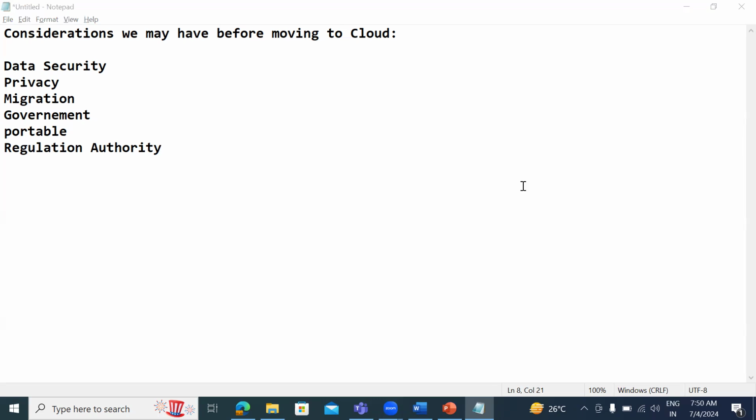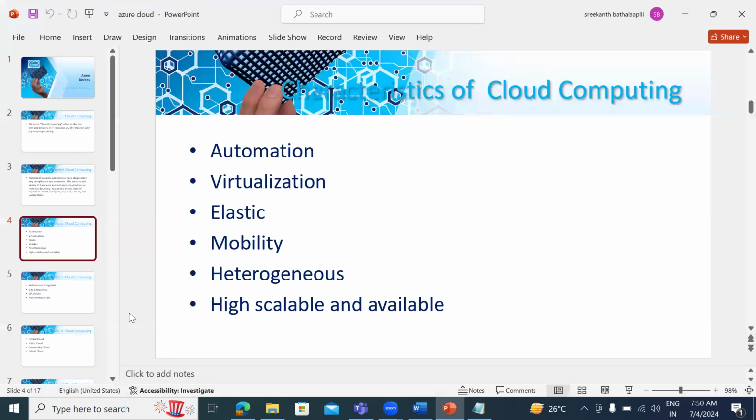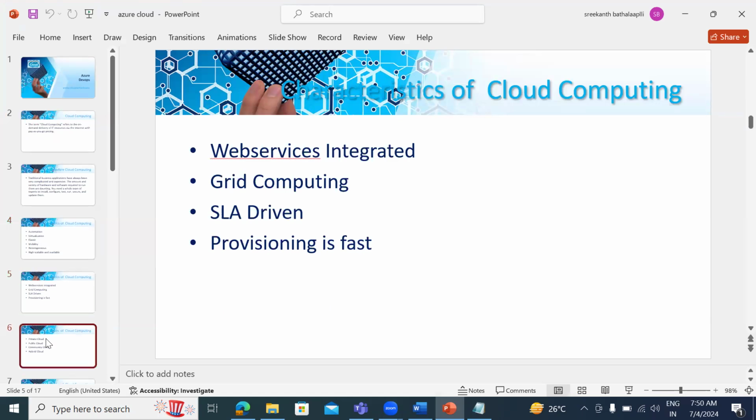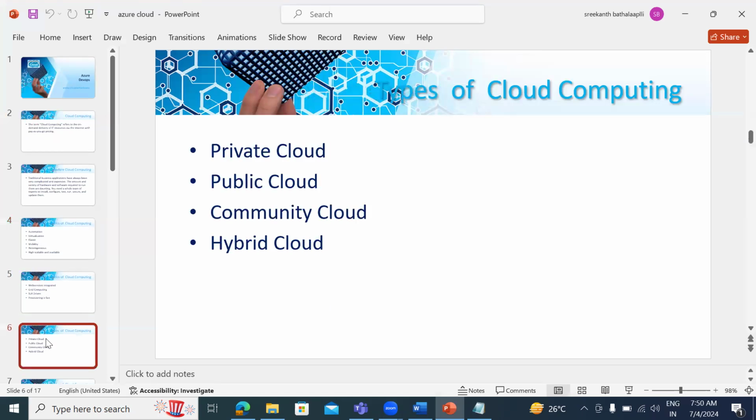Okay, so then, what are the types of clouds we have? Mostly we have four types of clouds: private cloud, public cloud, community cloud, and hybrid cloud. All these days we worked with private cloud kind of solutions.